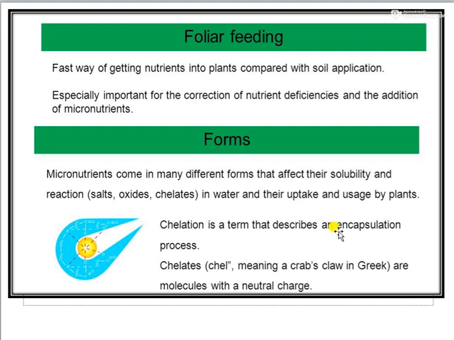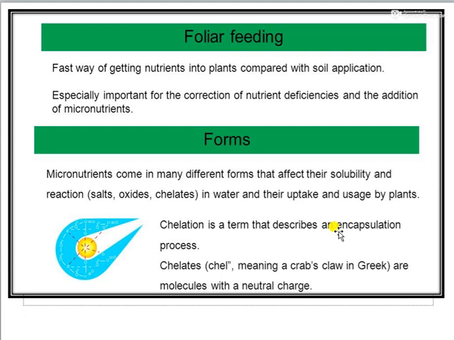Chelation is the term that describes the encapsulation process, that is coating with polymers or wax or any other botanical extract which will be used for coating of the material. That is chelation. Chel means the crab's claw in the Greek word. That is a molecule with a neutral charge. These are the chelates, which will be used as a foliar feeding.